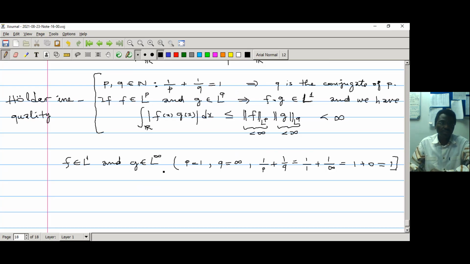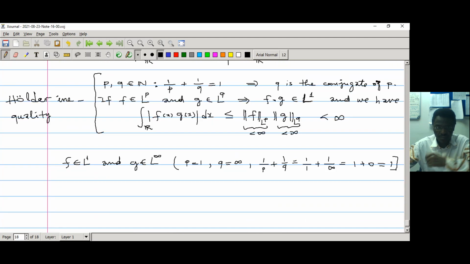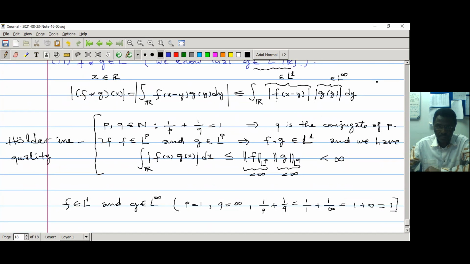So I'm done. So by all this inequality, I conclude that this product is finite, right? So by Hölder inequality, that's exactly what I'm using. I can now use a change of variable here just to call this a certain capital X, right?